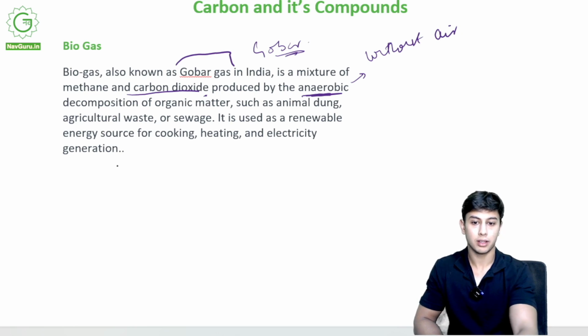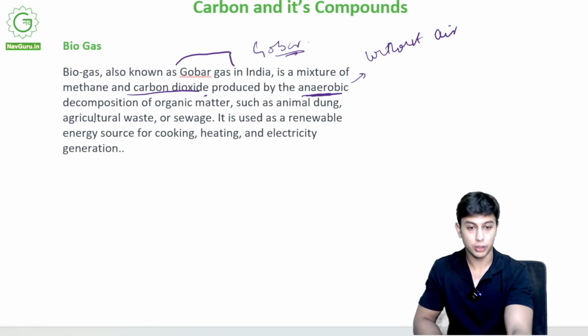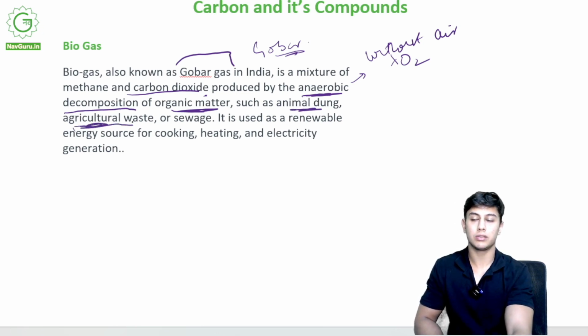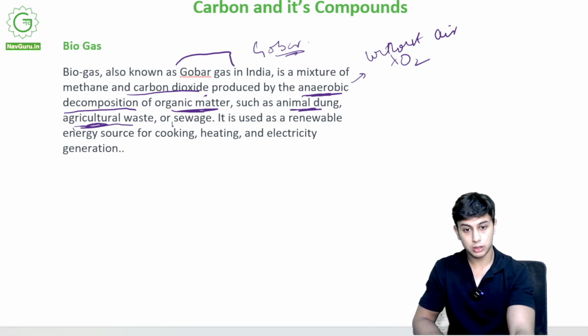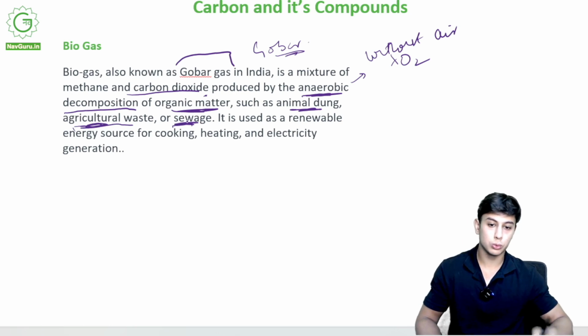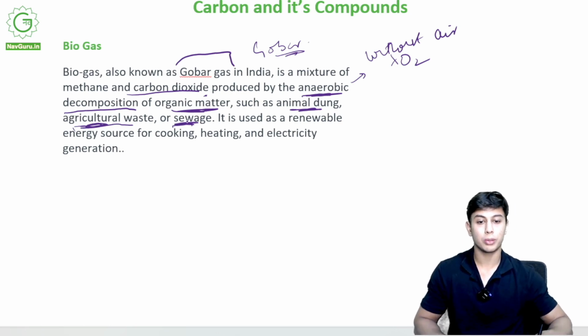Without air or oxygen, no O2. Anaerobic decomposition of organic matter such as animal dung, agricultural waste left over from cutting the crops, and sewage, all the waste that goes from our households.